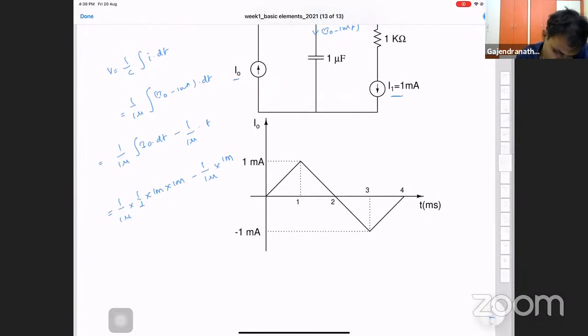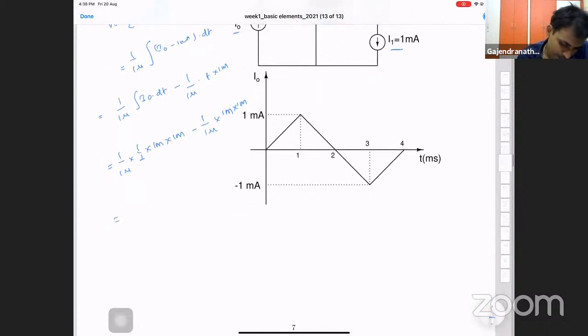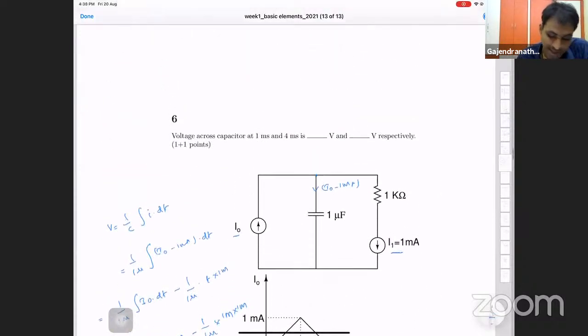There is also one more 1 milli here, 1 milli times 1 milli. So basically, this micro cancels with milli. This becomes 0.5 volts, and that becomes 1 volt, which gives minus 0.5 volts. That is at 1 millisecond.